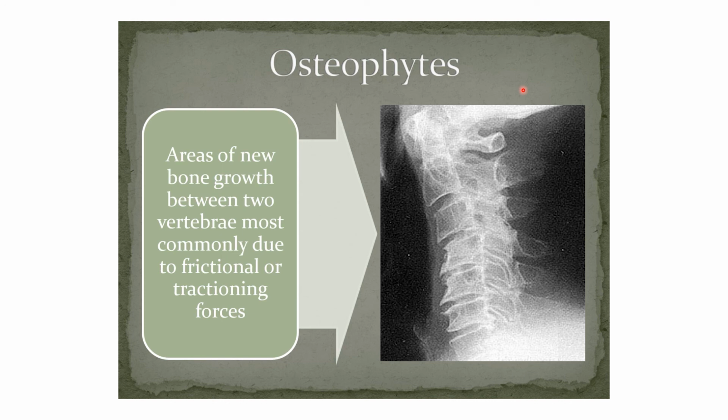All joint surfaces are covered with a type of cartilage called hyaline cartilage, and it's super slippery. Inside the joint is a fluid called synovial fluid, which is like WD-40. So between the two of those, the joint has a lot of mobility, and it can withstand a lot of force. Now, when we traumatize the joint, we will often break down the cartilage that's in there.